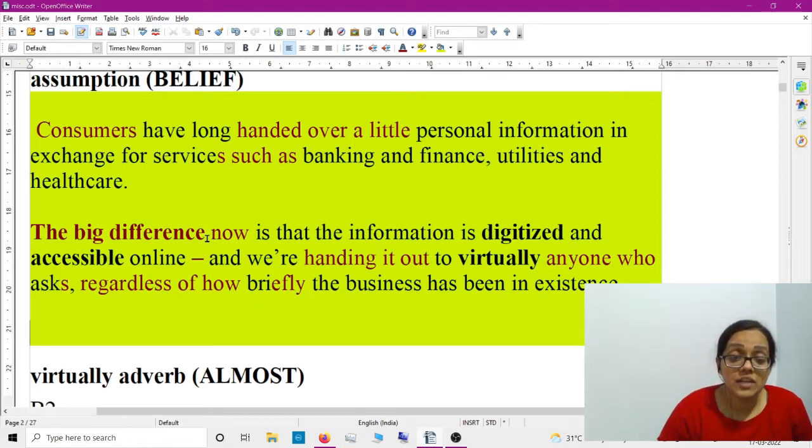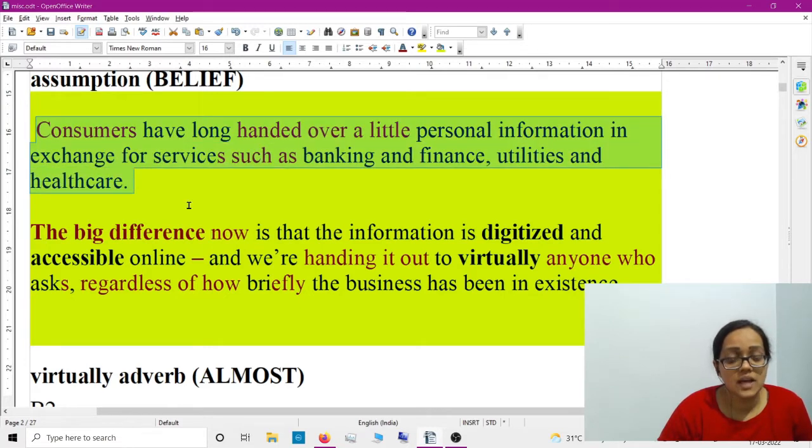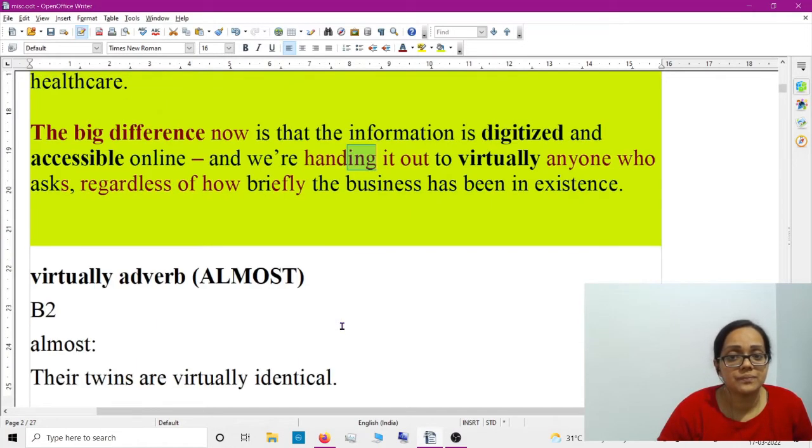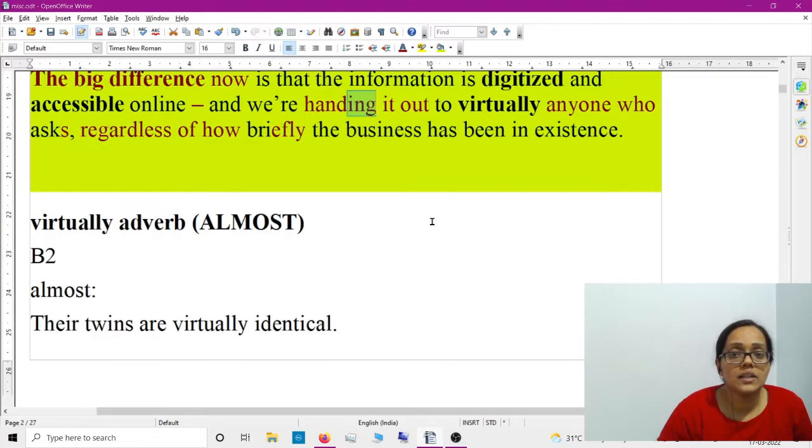Okay, the big difference, the major difference, the big difference now. So now it's about the present, right? This was about the past things. Have long handed. Handing it out means what? These days. Virtually, they used one vocabulary over here, virtually, right?